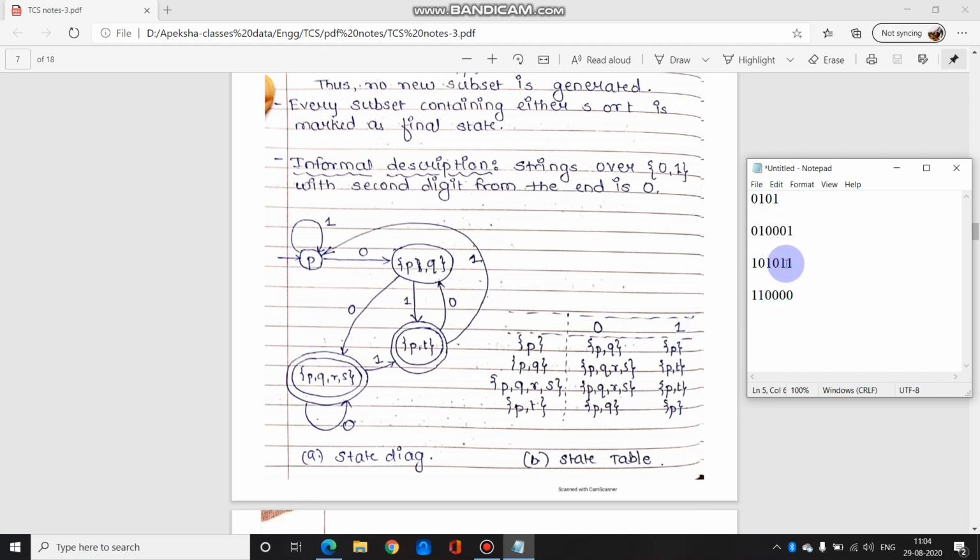Any string which does not have its second last digit as 0 is not taking it to the final state. Hence, we describe it as strings over 0 and 1 with the second digit from the end being 0. That is, such strings are accepted where the second digit from the end is 0, that is, whose second last digit is 0. Only those strings are acceptable.